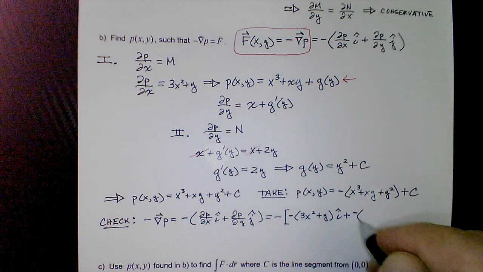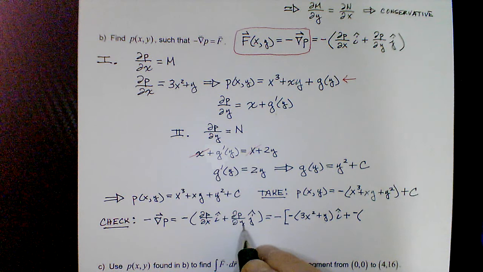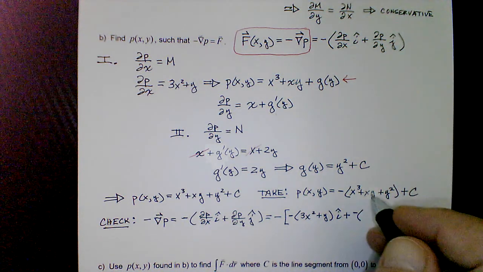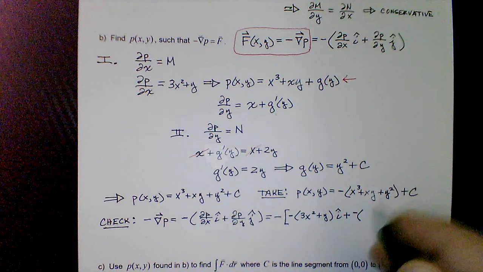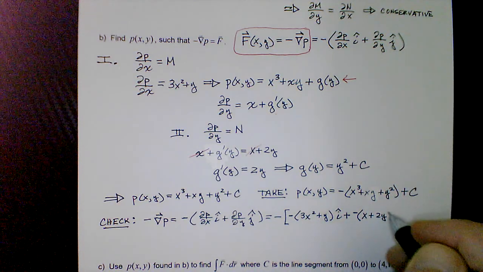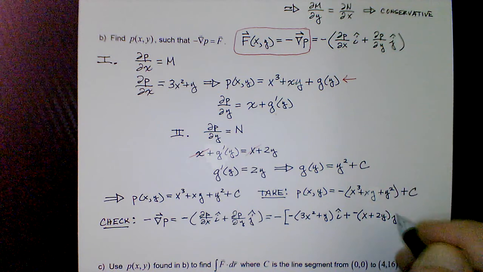And then plus, we have minus, and then in parentheses the partial P with respect to y. Now x is a constant, so derivative of x cubed is 0, derivative of xy is just x, and derivative of y squared is 2y, and that's times j.